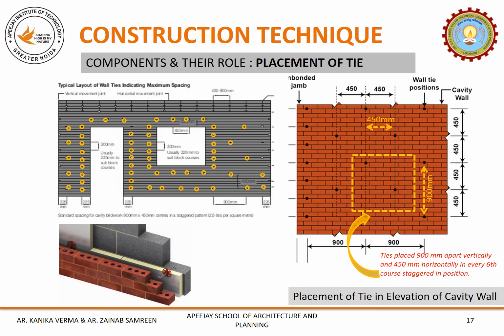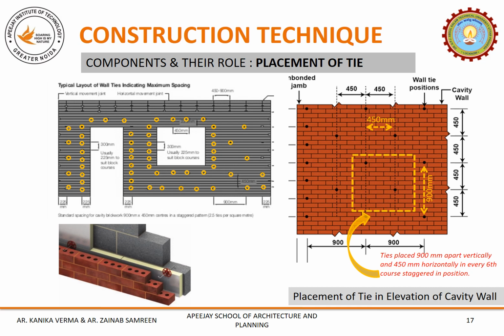Wall ties should be adequately placed in numbers throughout the cavity wall to keep the two walls together. They should be equally distributed within the wall configuration. The basic placement suggests that the wall tie should be placed horizontally 450 mm apart and 900 mm apart vertically from each other.